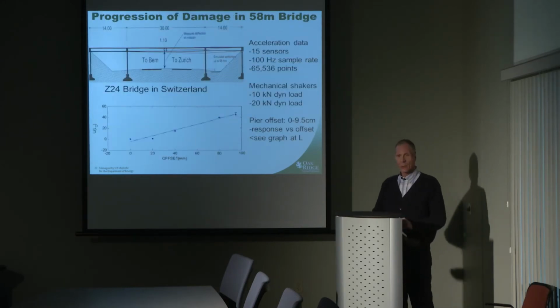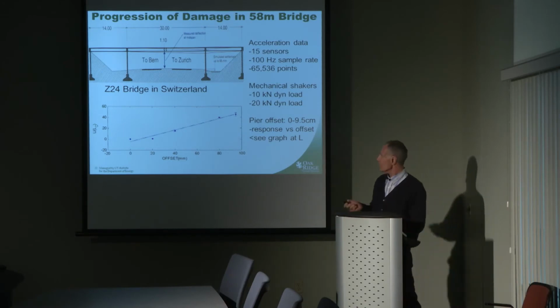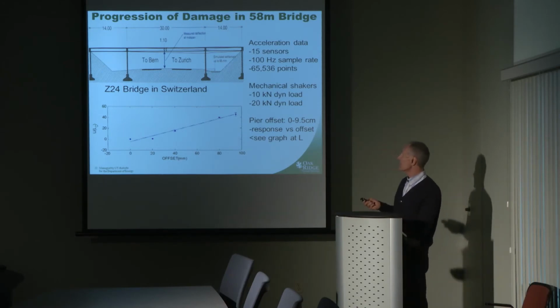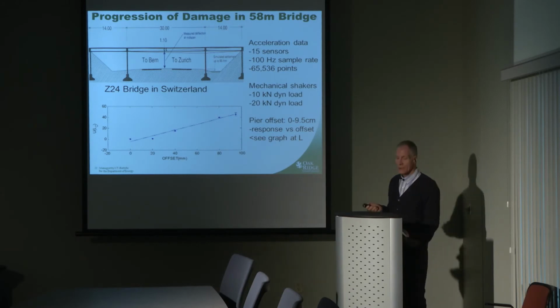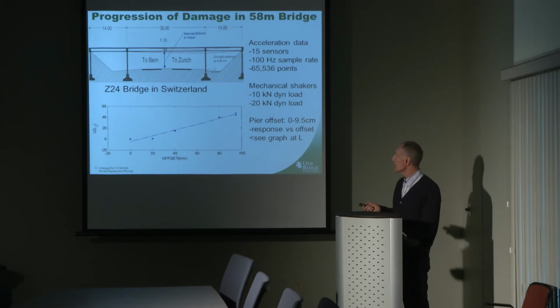So here is another real example. This is a real full-scale bridge in Switzerland. This bridge was to be torn down, and the civil engineers convinced the authorities to allow them to do some testing on it.